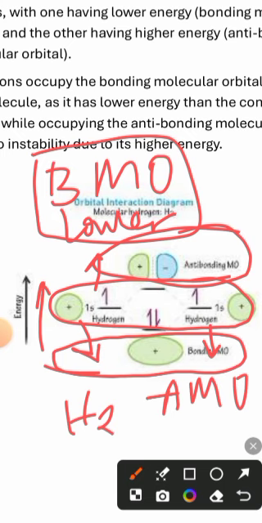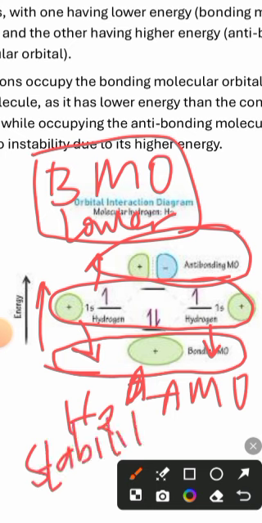So they easily fall down to the bonding molecular orbital and occupy it. So this orbital is more stable, it has higher stability than the antibonding. Hence you see this separation in the antibonding molecular orbital, showing that there is something like a destructive overlap.